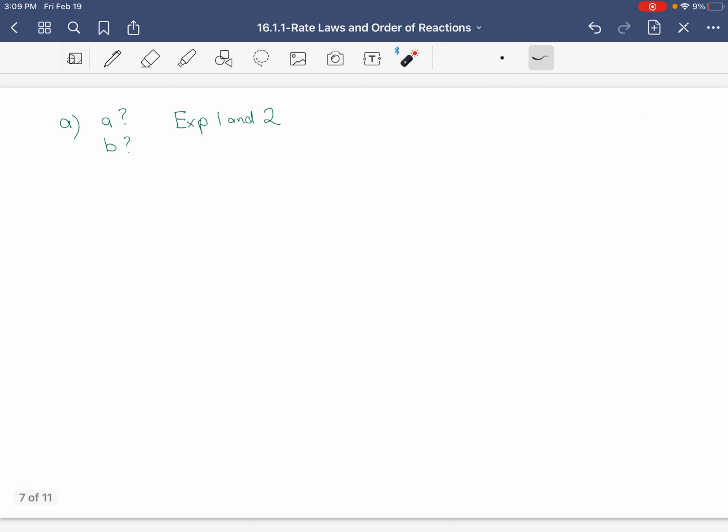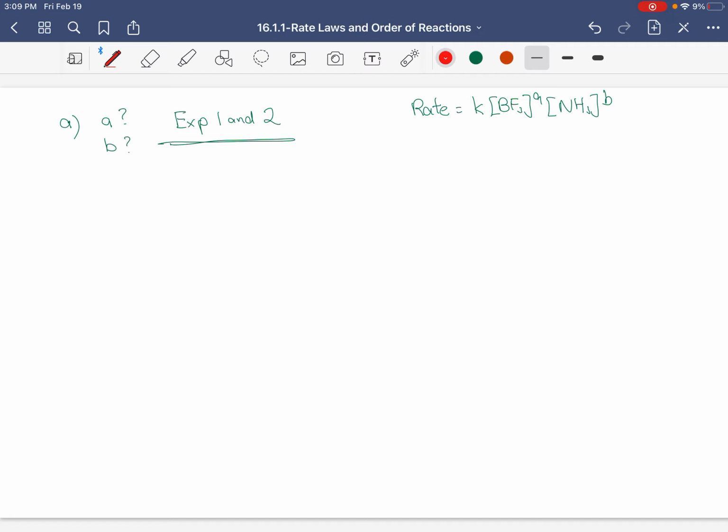Now, I'm going to write the rate expression. So rate is equal to K times BF3 to the power of A times NH3 to the power of B. I'm going to relate experiments 1 and 2 together.